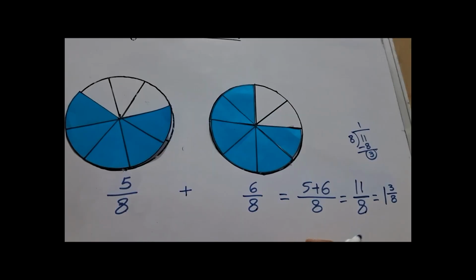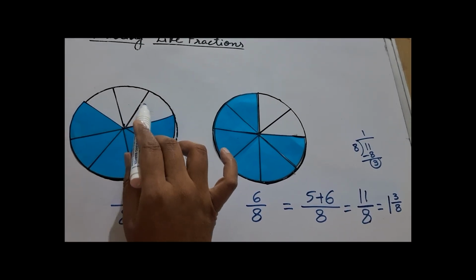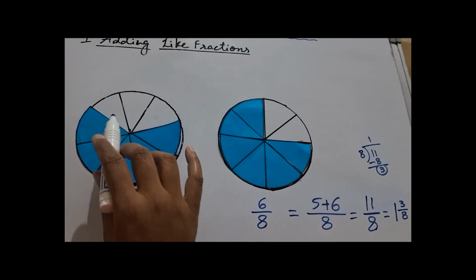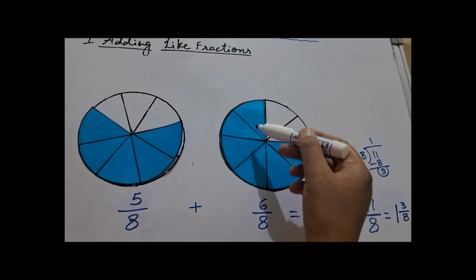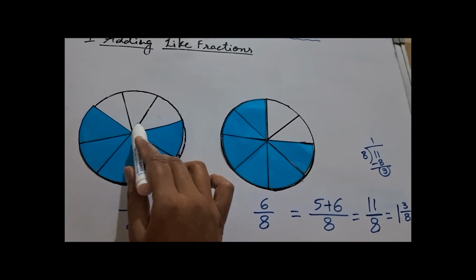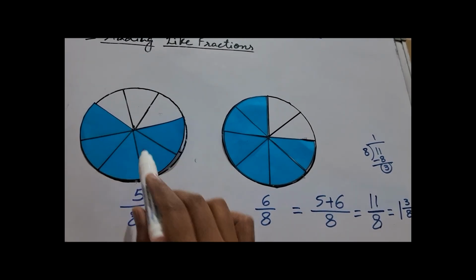Okay children. Here in the first circle, 3 parts are left over. Now I want to cover these 3 parts by taking 3 parts of the colored part of the other circle and filling them in here, so that this one circle becomes one whole thing.